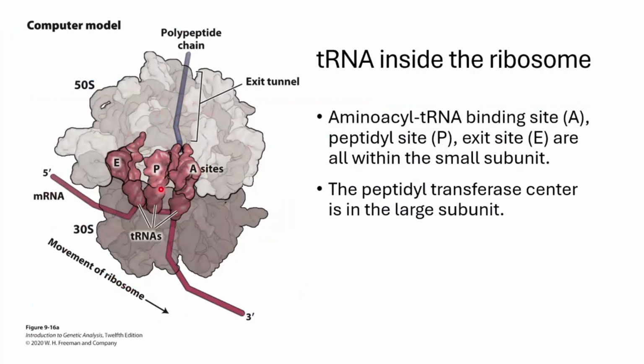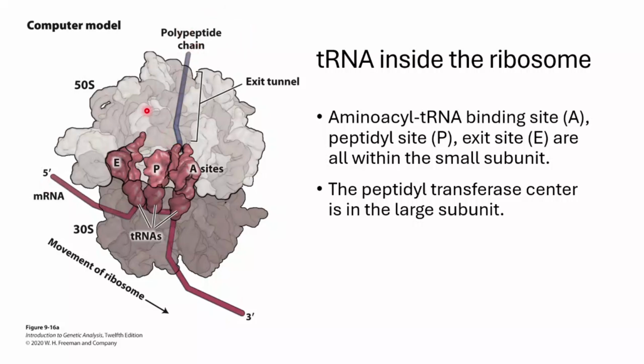And there are a few sites within the ribosome where you have the transcript passing through, and you have the polypeptide being elongated because of the addition of amino acids that are brought by this tRNA.